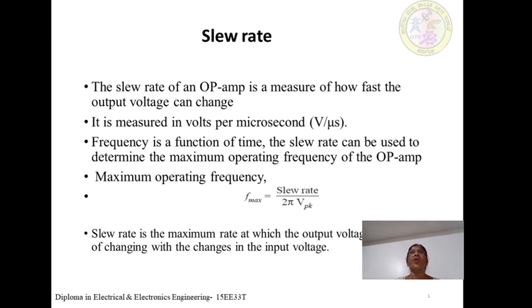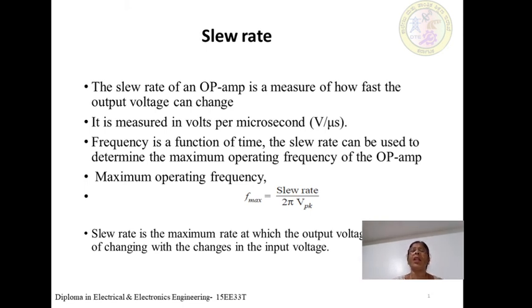So what are the questions we can expect from this session? Define differential mode, common mode. What is the definition of op-amp, operational amplifier? Define slew rate, define common mode rejection ratio.